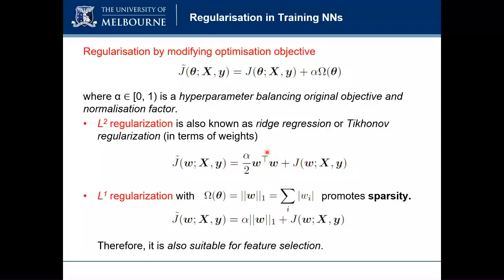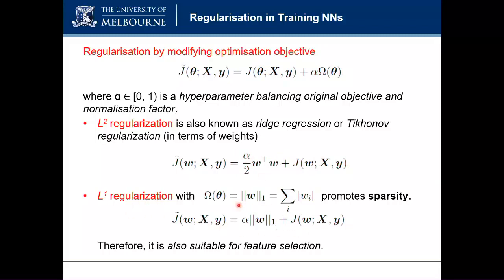So I put an L2 regularization, quadratic in terms of the weights here, and balance them with an alpha. Of course, I shouldn't push alpha too far, because if alpha is infinite, then I ignore the original factor. If alpha is 0, I ignore the regularization. Then alpha is my knob to turn, to find the balance between the two.